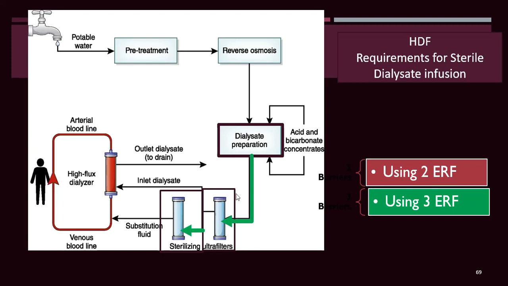If you are using only one filter, you can have ultra-pure dialysate. But if you have two endotoxin filters in series, you have a substitution fluid which is sterile. That's the difference between high flux dialysis using one filter and hemodiafiltration using at least two filters.